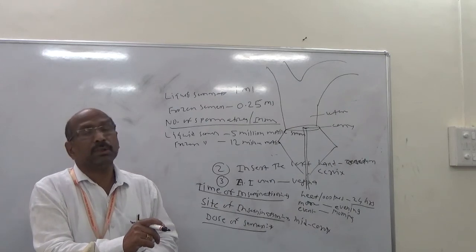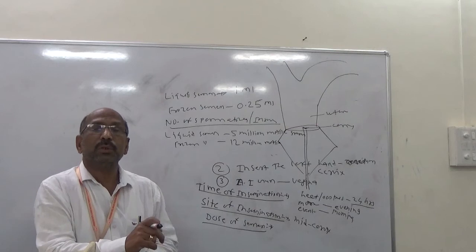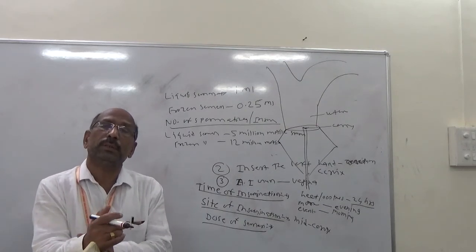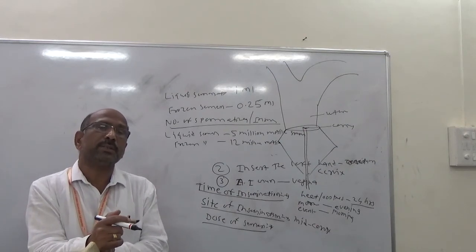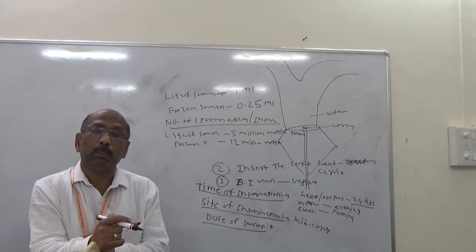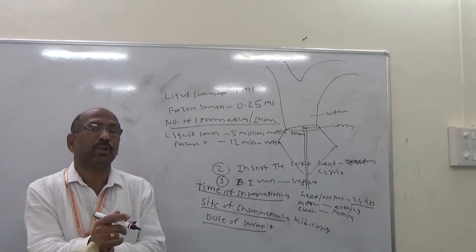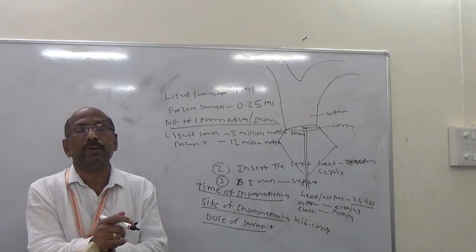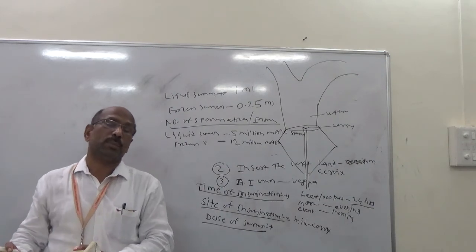Now we have completed the first topic, artificial insemination. In artificial insemination, we studied the definition, advantages and disadvantages of artificial insemination, and methods of collection of semen. There are 3 methods of collection of semen: the first is the EV method, second electroejaculation, and third massage.